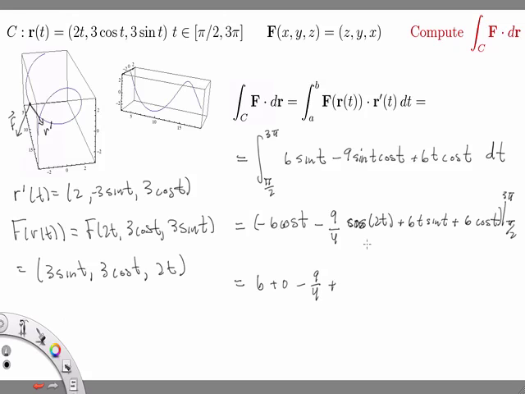And then I get plus, and then cosine of 2 times pi over 2 is cosine of pi, which is negative 1. So actually this turns out to be a minus 9/4.